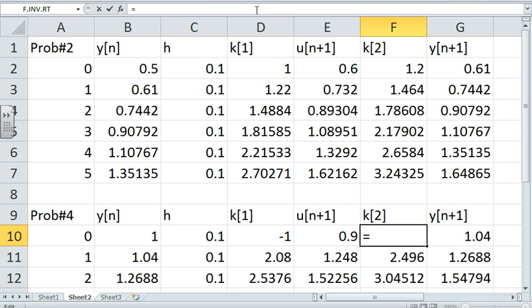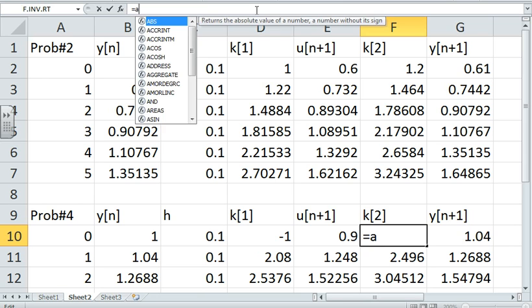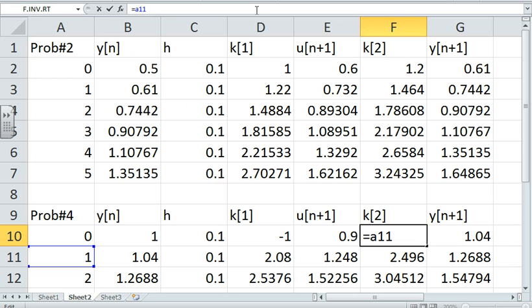So that would be x, which is going to be A11 times C11. So that's x n plus 1 and u of n plus 1, which is e, so that'd be minus E11.